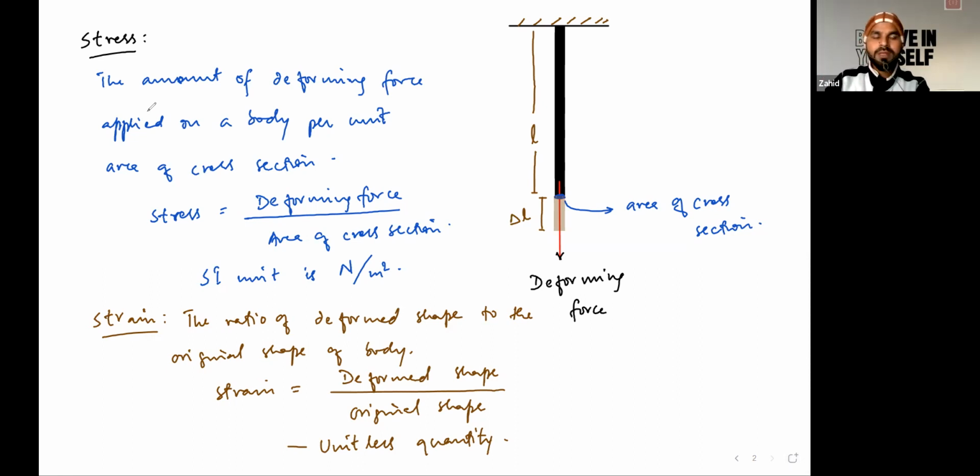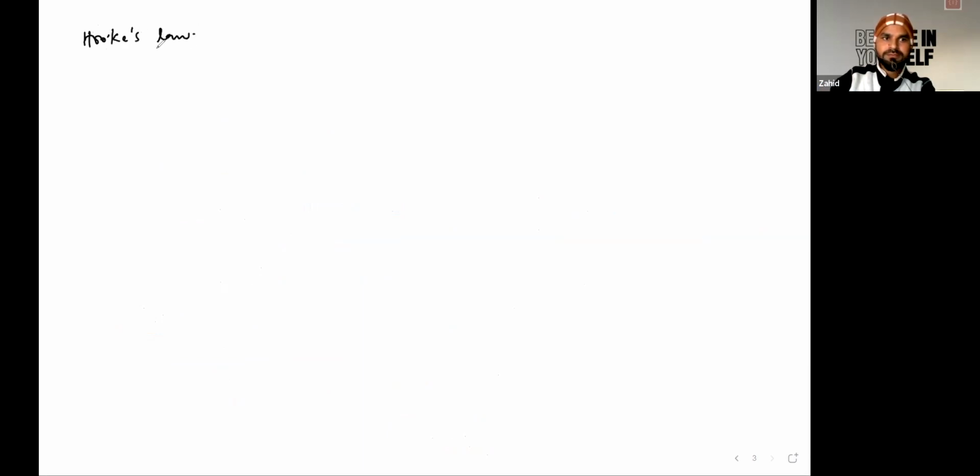Now, there is a relation between this applied stress and the amount of strain developed in it, which is defined by Hooke's law. There are limitations of Hooke's law. First, the temperature of this material or system should be constant, and next, it should be within elastic limit.